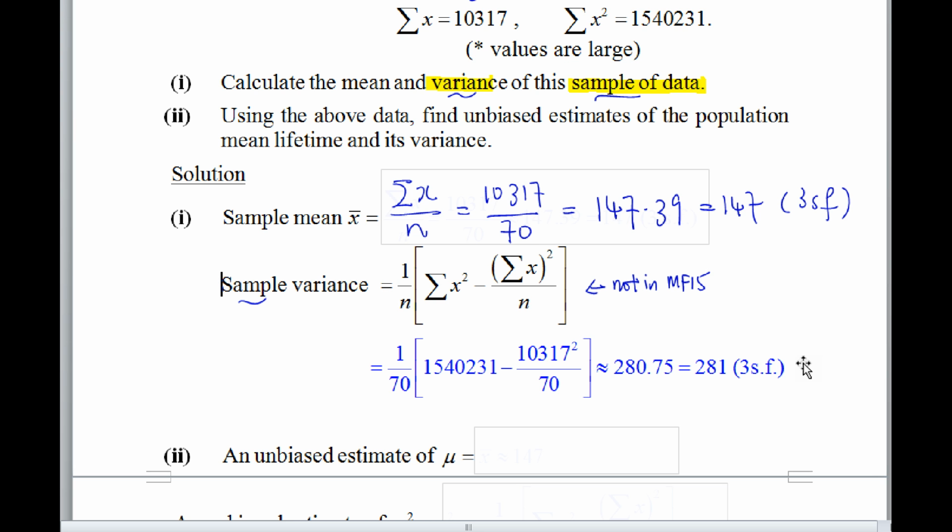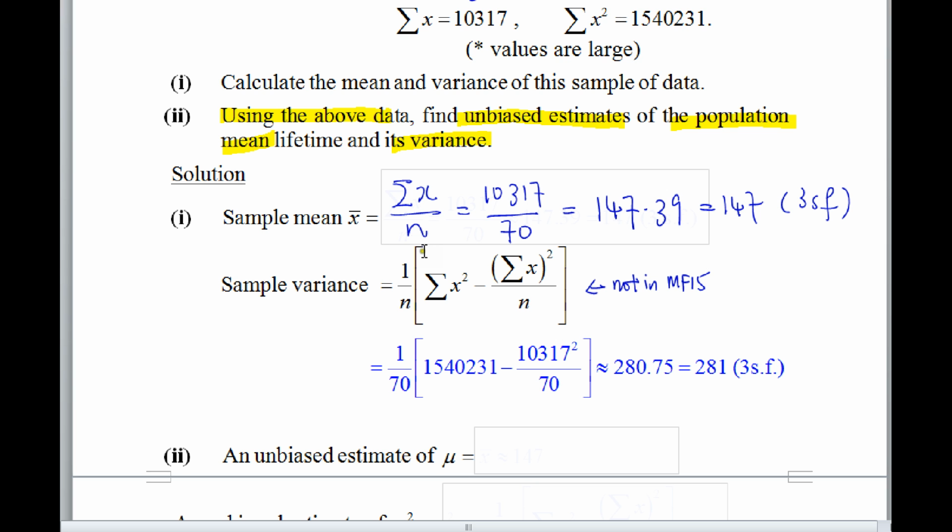Part 2. Using the above data, find unbiased estimate of the population mean and its variance. So now we want to estimate the population.